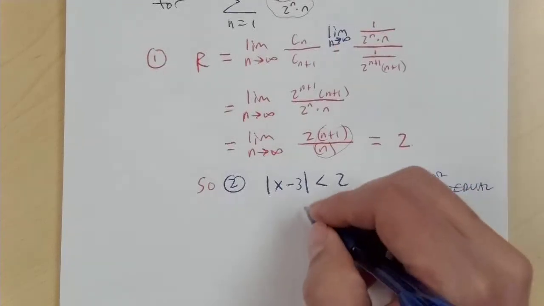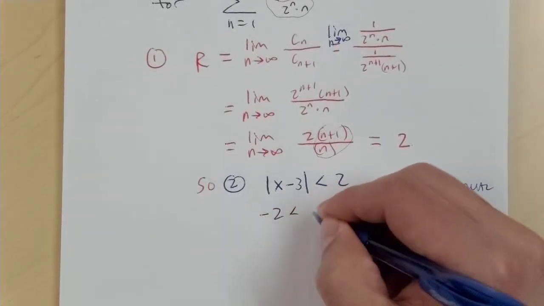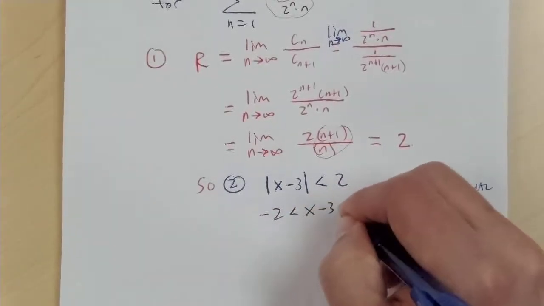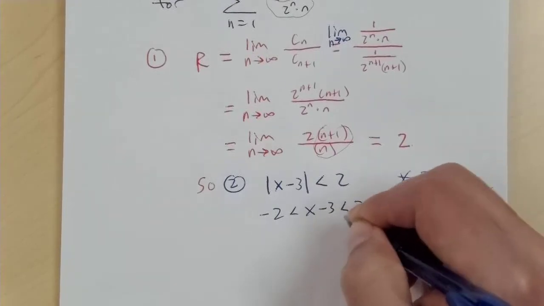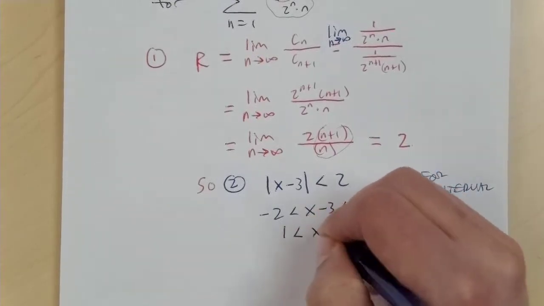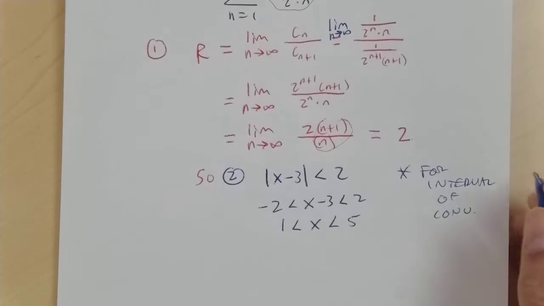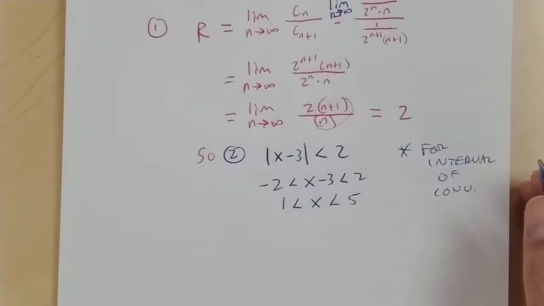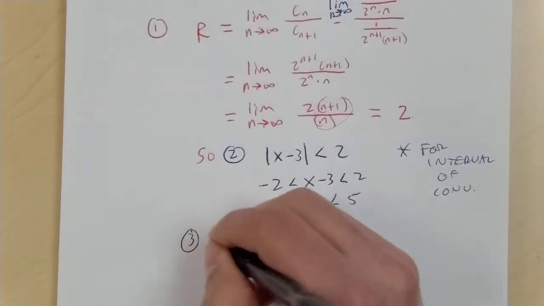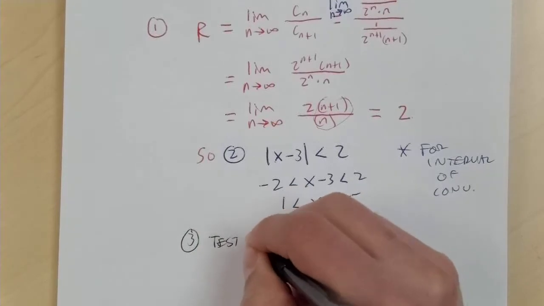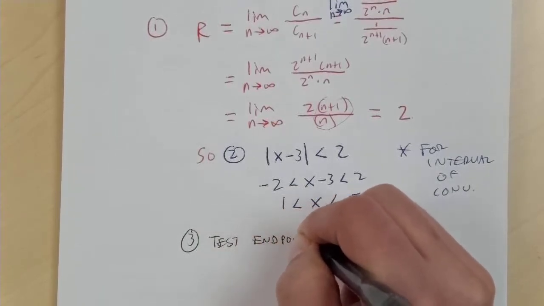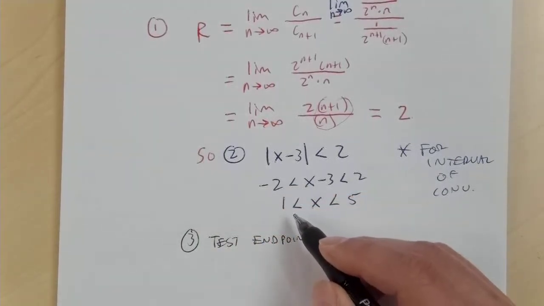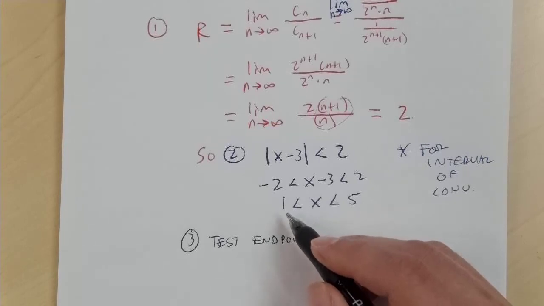You solve that. That's the same as negative 2 less than x minus 3 less than 2. Add 3 to everything. We get 1 is less than x, which is less than 5. Okay. And final piece, test the endpoints. So far we've established that the interval of convergence is the open interval from 1 to 5.